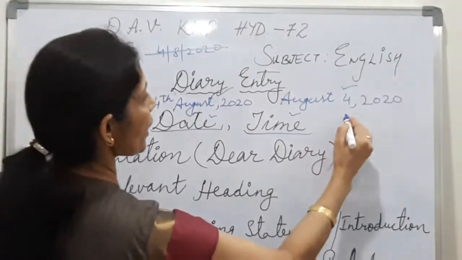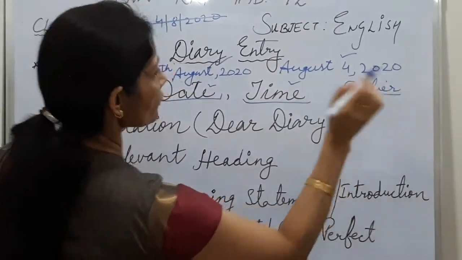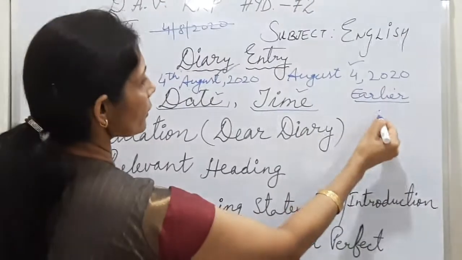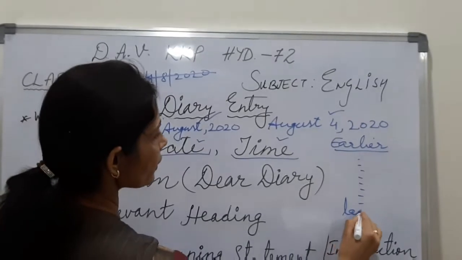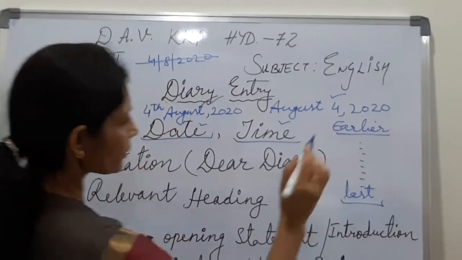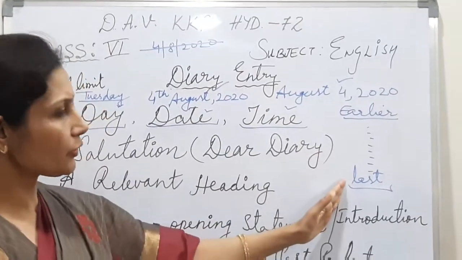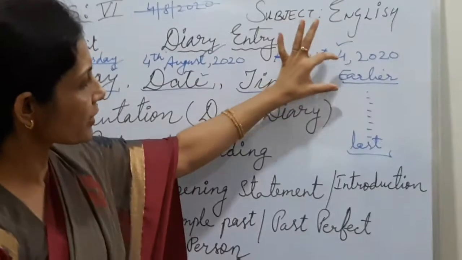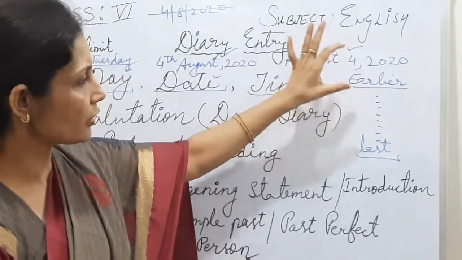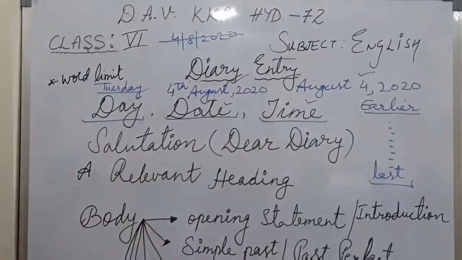The event which has happened earlier, that we should write first, and then next, and whatever happened last, that we should write at the end. So this is the chronological order of the events. Whatever has happened before, at first, earlier, you should mention first, and then you should come step by step to the last.